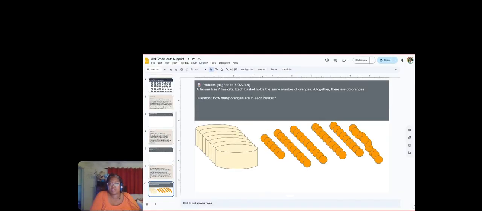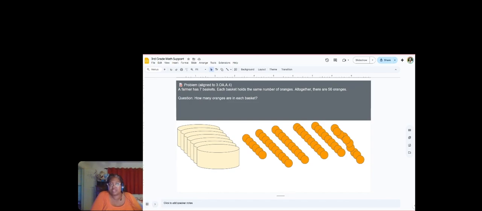That way I can move things around. Okay, now here we have, I'm going to just close this side. Perfect. Now we have here 7 baskets that I have created, and also we have 56 oranges.